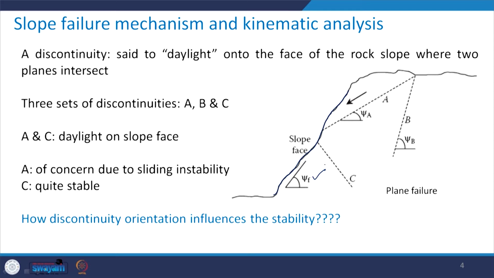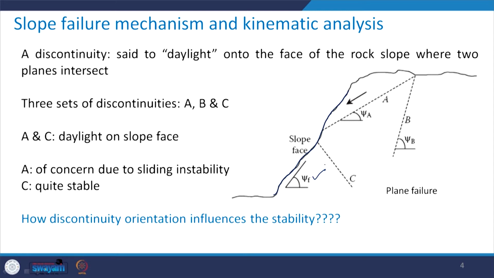Can you recall the definition of dip and dip direction that we discussed in some of our earlier classes? It is the angle that is made with the horizontal. So, basically here psi f is giving you the dip of the slope face.